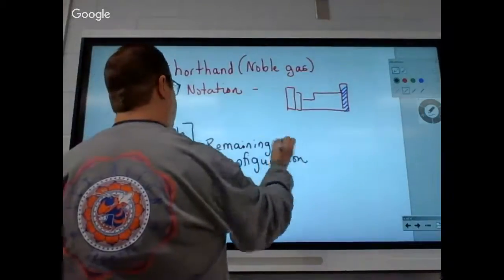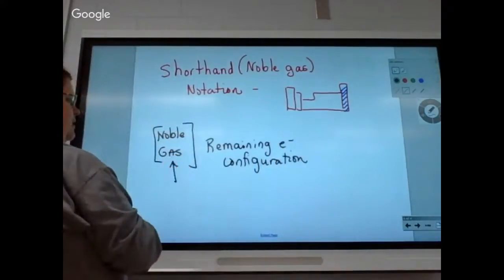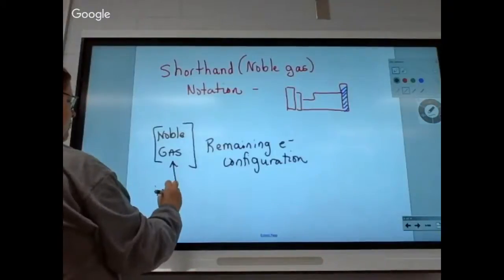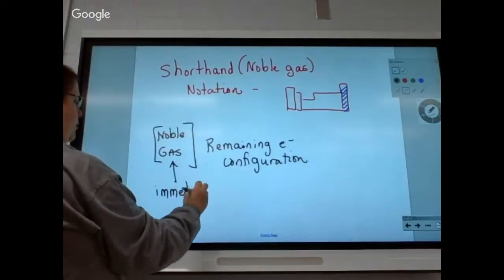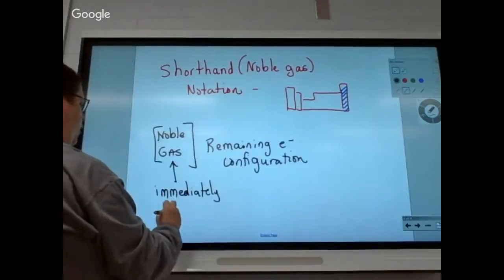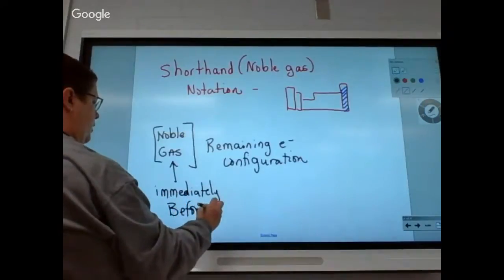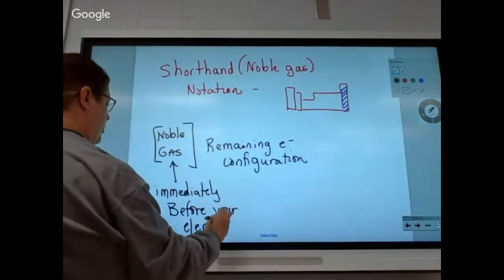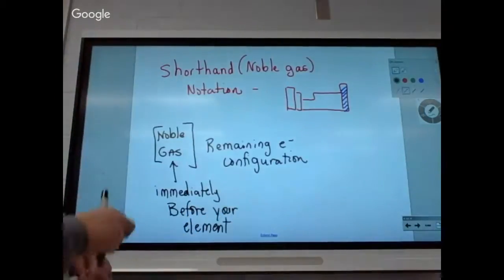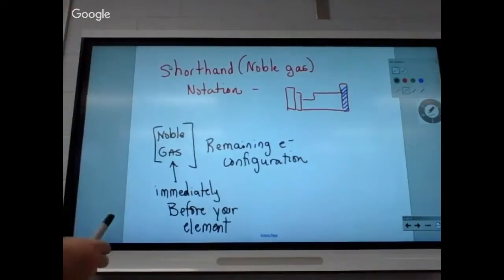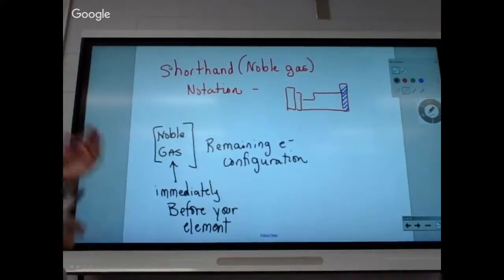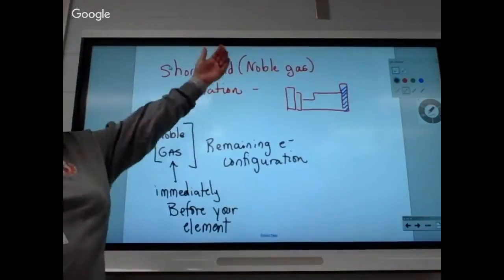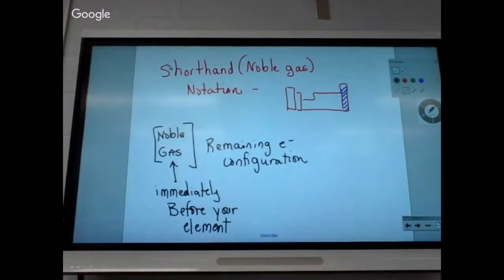The catch is this has to be the noble gas immediately before your element. Okay, it just has to be the noble gas before your element. It can't be 2 rows before. It has to be the row immediately before. Okay, and then you write the configuration after your element.